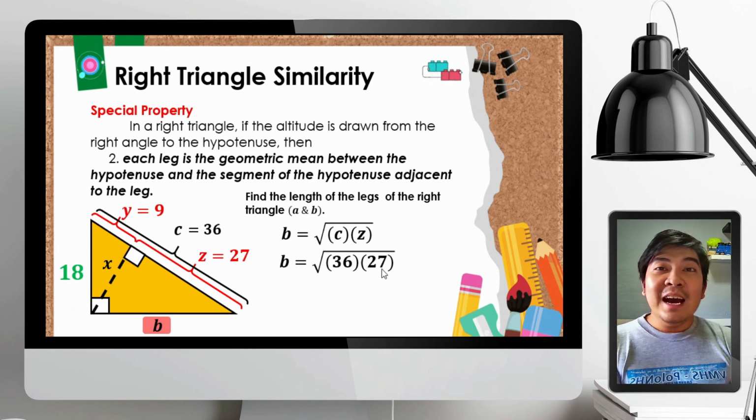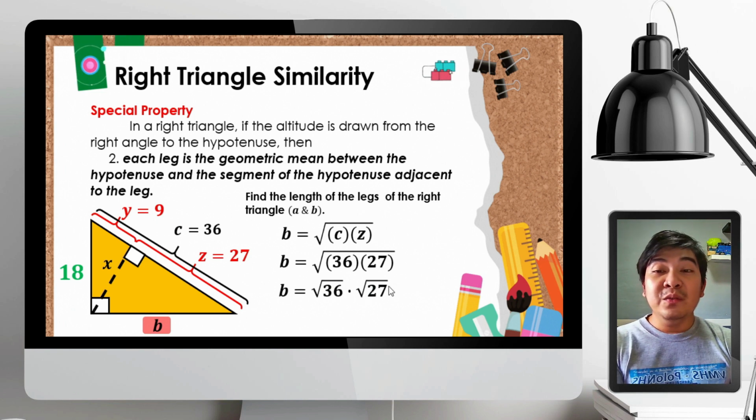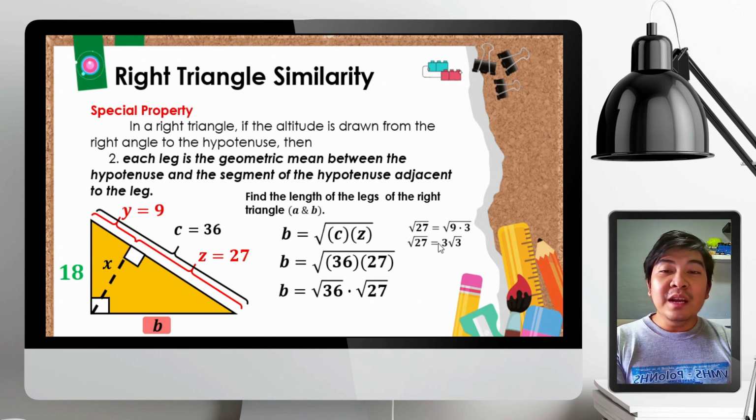Now, let us apply the product rule of radicals. Paghiwalayin natin sila. So we have B is equal to square root of 36 times square root of 27. We all know that the square root of 36 is 6. But how about square root of 27? So si square root of 27, pwede siyang i-factor out as 9 times 3. And 9 is a perfect square. Square root of 9 is 3. So therefore, its simplest form will be 3 square root of 3.